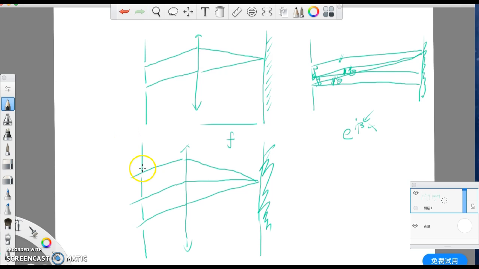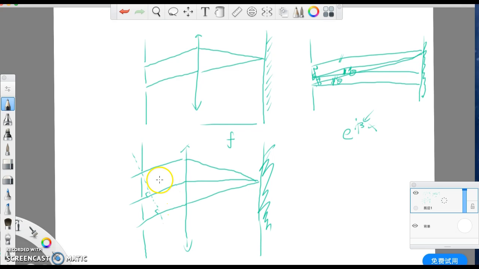Now you draw a line that is perpendicular to, sorry, by convention all the extra lines should be drawn in dash. So this is perpendicular to all these parallel lines.